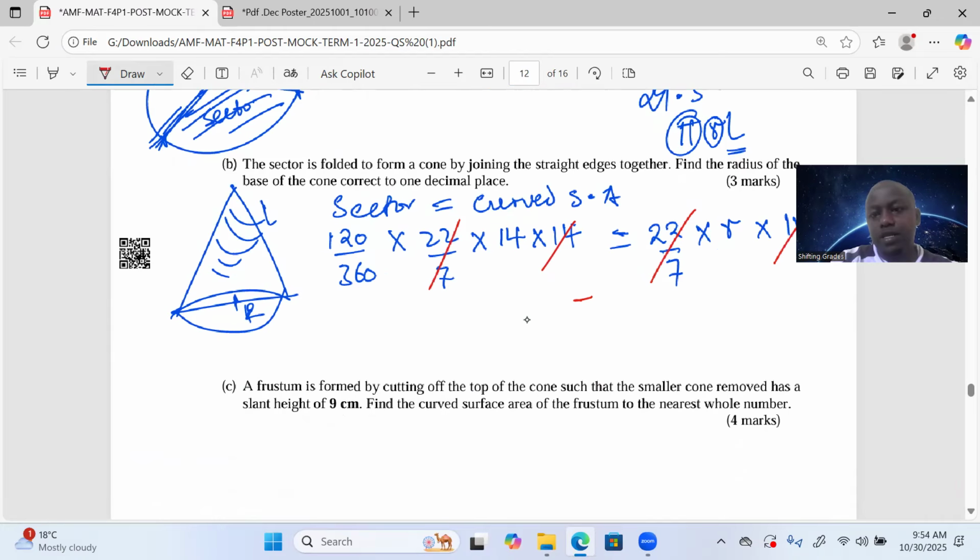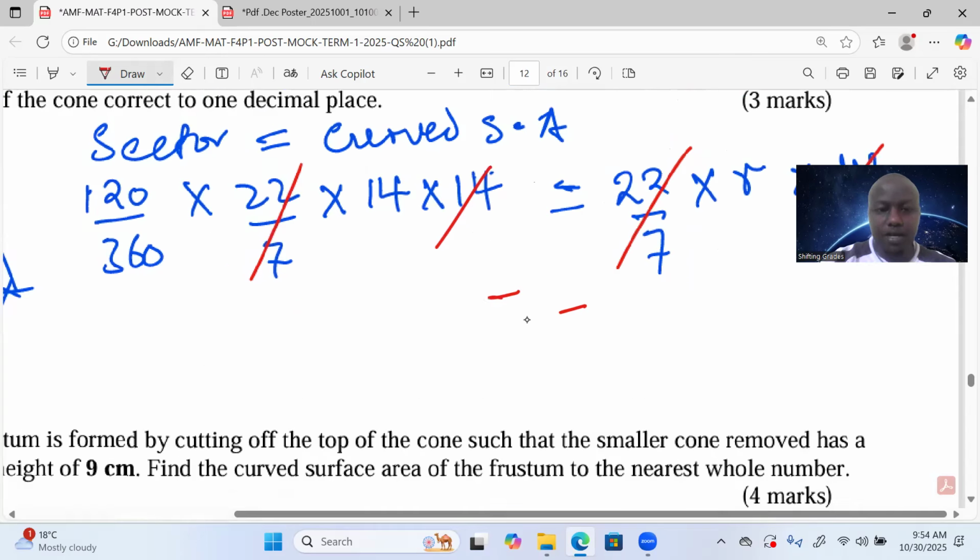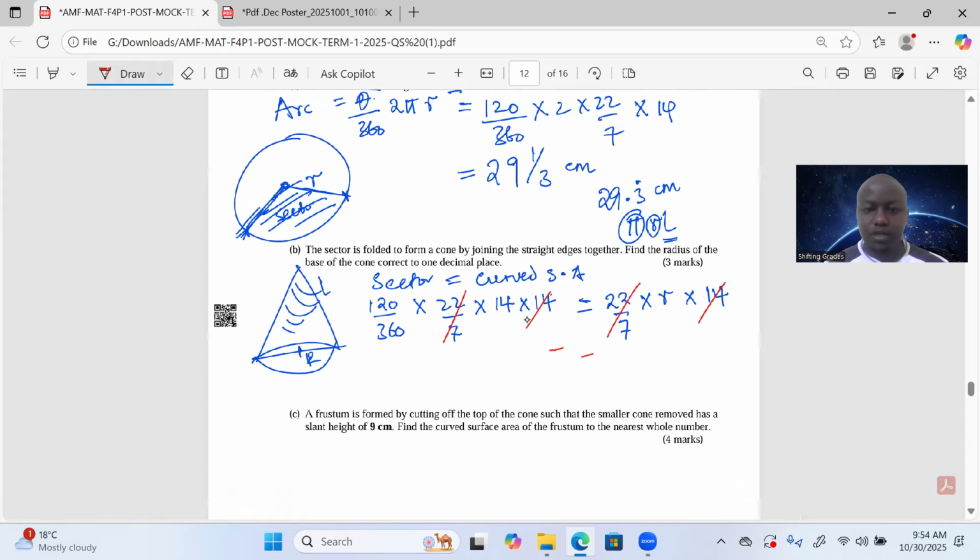shall be, allow me to adjust the paper so that you'll be able to see everything clearly. So when you cancel pi from both sides, the value of the radius can now be obtained by multiplying 120 out of 360 by 14.